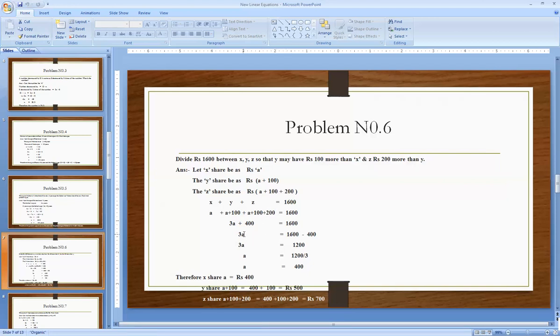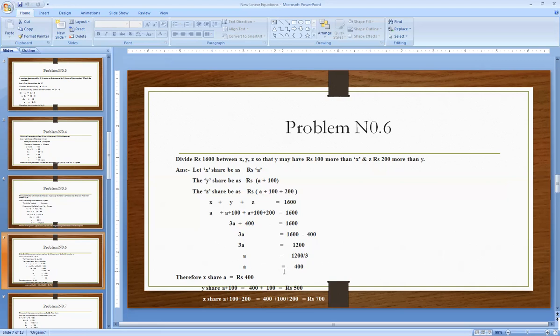Now you should retain the unknown values on the left and keep the numbers on the right side. So 3A we retain on the left side. This 400 has to be shifted to the right side, it will become minus 400. So 3A equals 1200. Therefore the value of A is 1200 divided by 3, that is nothing but 400.